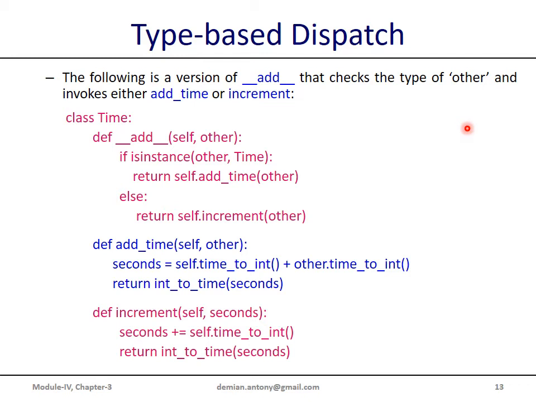Type-based dispatch. What is this? Type-based dispatch is a mechanism which selects the suitable method at runtime for execution based on the type of the parameter or the argument.